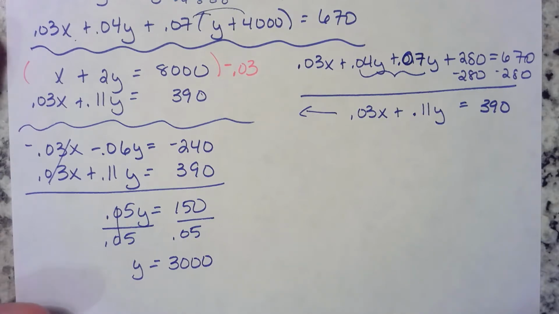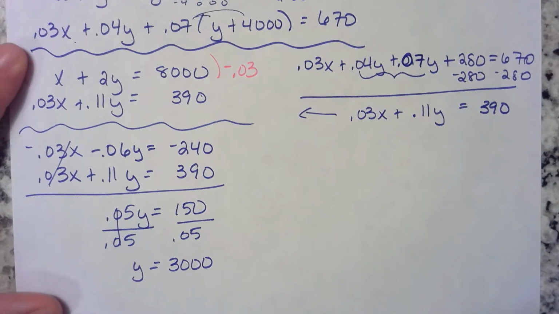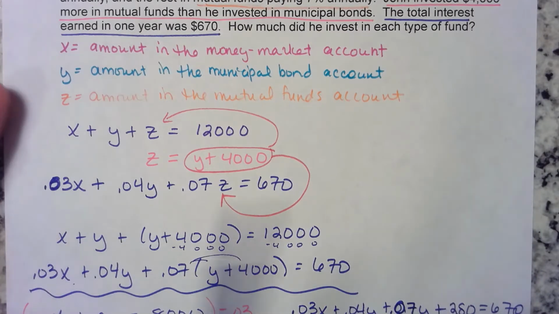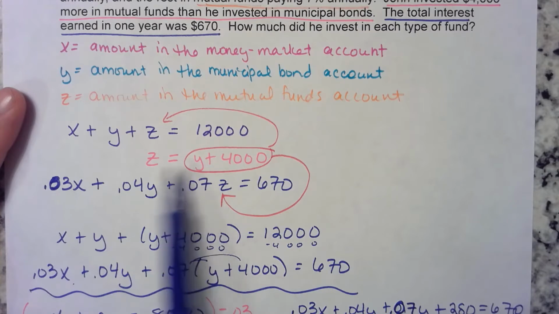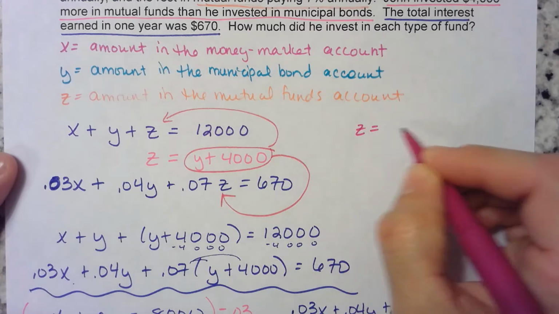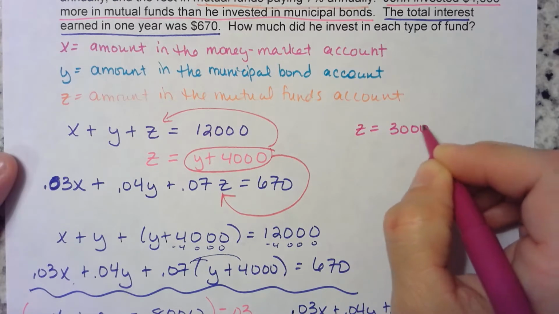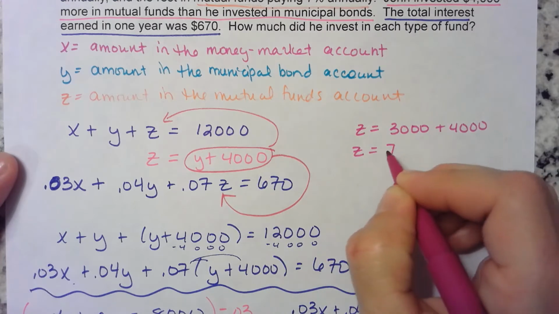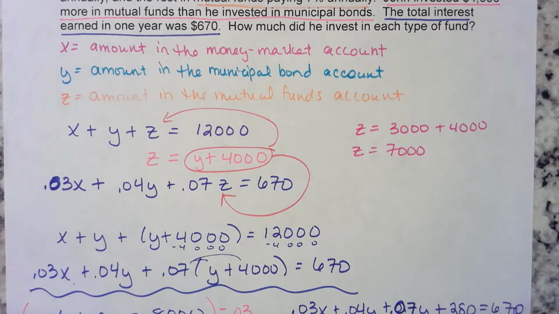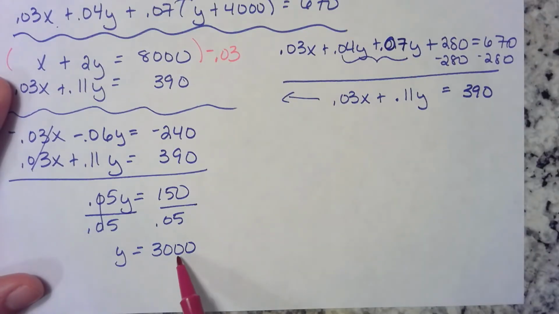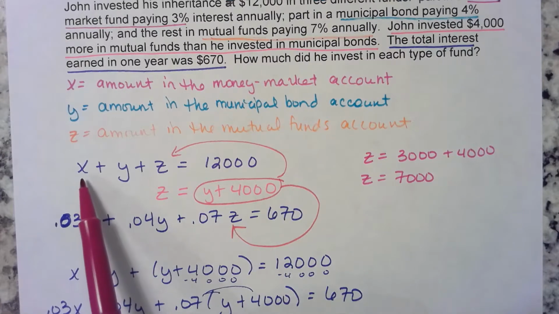So what do we do with this information? Go back up to what we had at the beginning. We know y is 3,000. If I put that right there, won't I know z? So z is going to be 3,000 plus 4,000. So z is going to be 7,000. And if I know z and I know y, can't I find x?